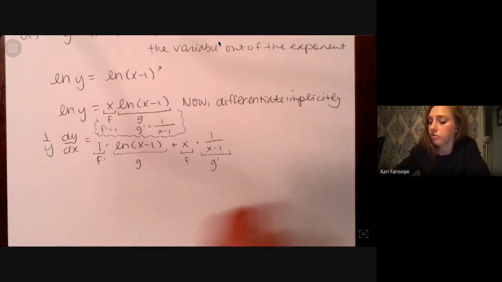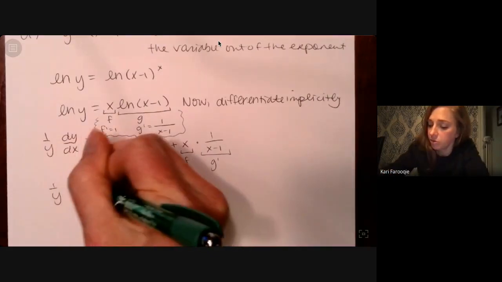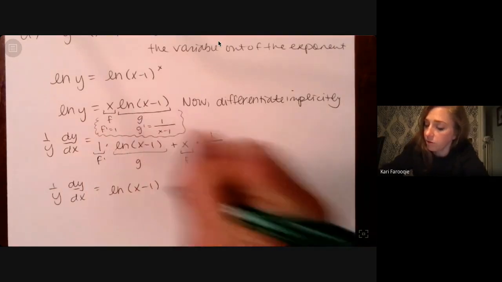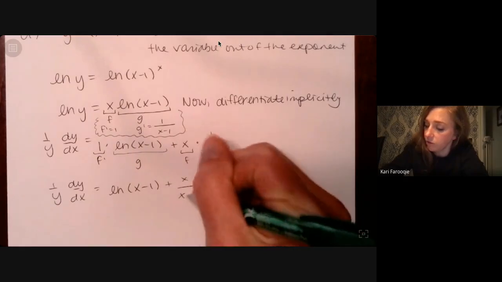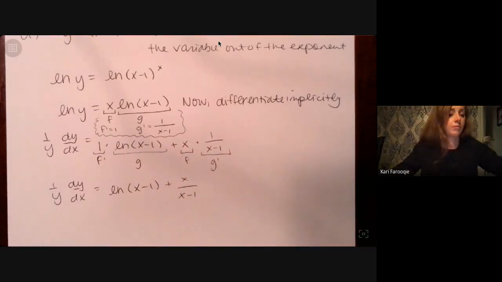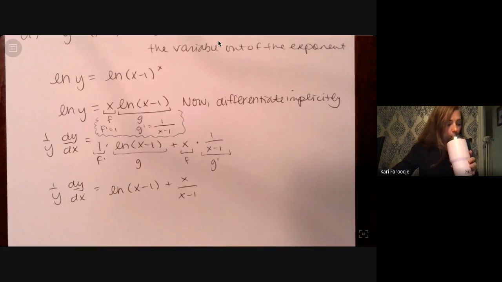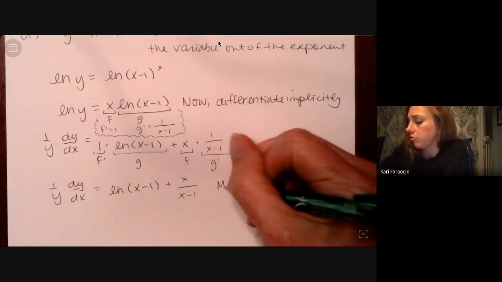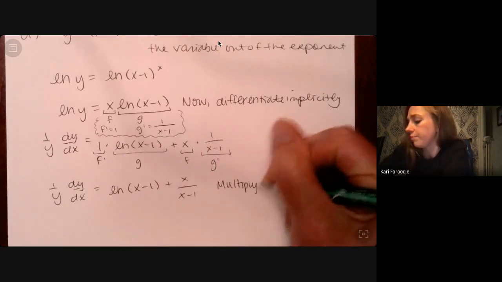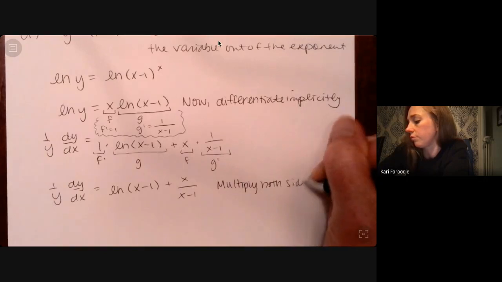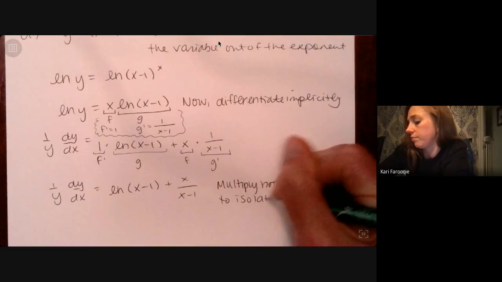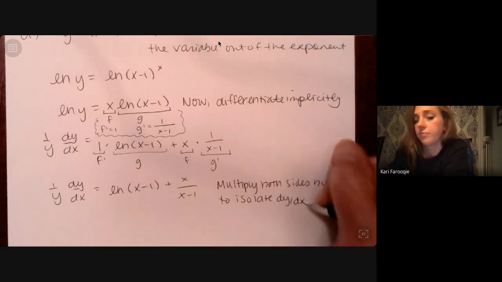Before we do that, I'm just going to simplify this a little bit so it looks a little bit better. So this is going to be the natural log of x minus 1 plus x over x minus 1. Now, to get dy dx by itself, we're going to multiply both sides by y to isolate dy dx.